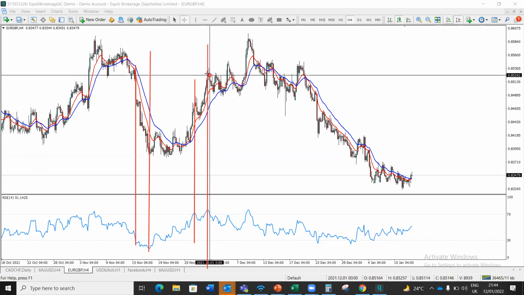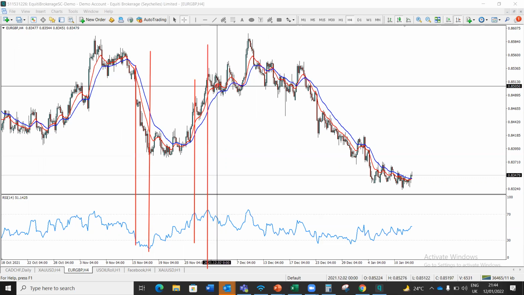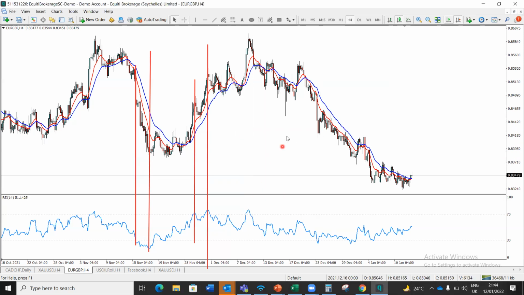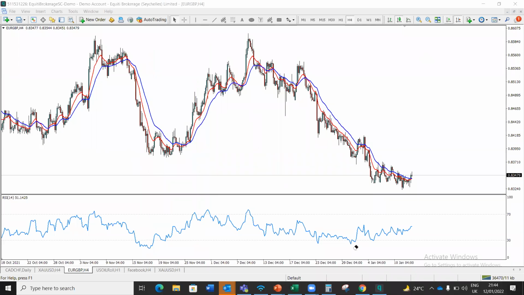Sellers came into the market and pushed prices below. So we use the RSI to try to know the sentiment of the market players, whether an asset is overbought or oversold, and what may most likely happen.